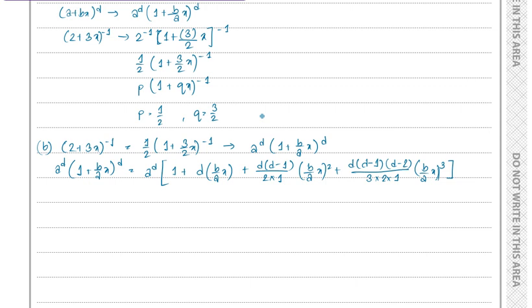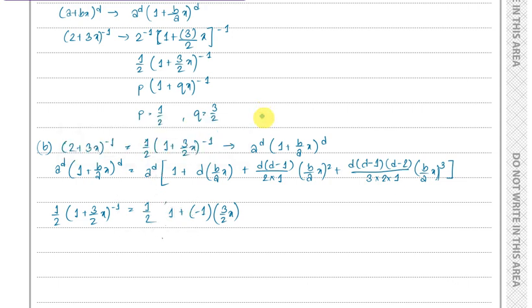So a^d, where a was 2 and d was minus 1, is 1/2. Let me write that here: half, bracket 1 plus d, which here is minus 1, and b/a is 3/2, so 3/2 x. Let me just change the bracket here.